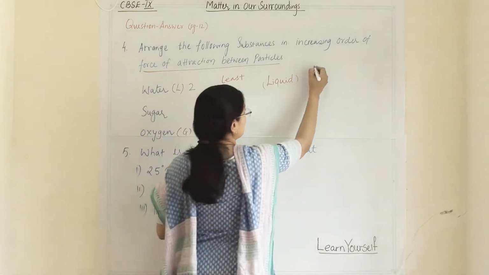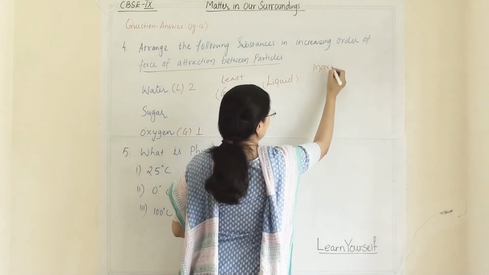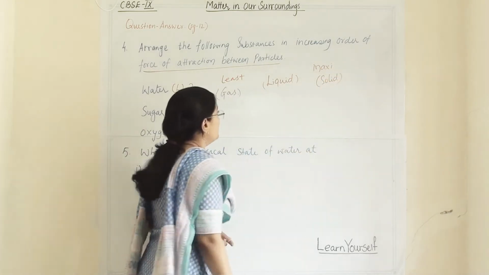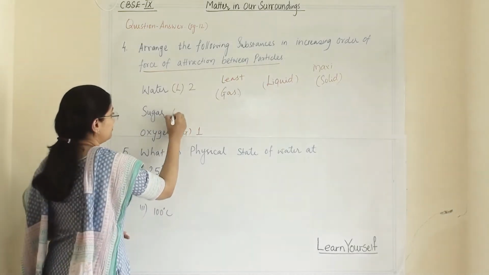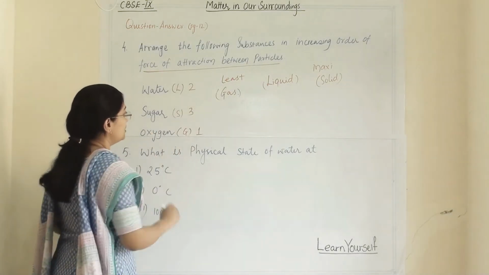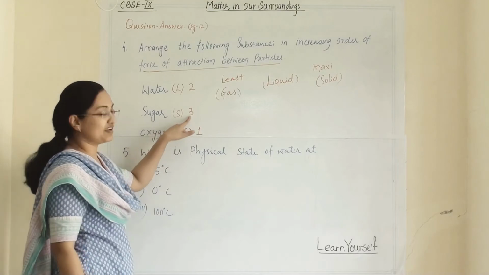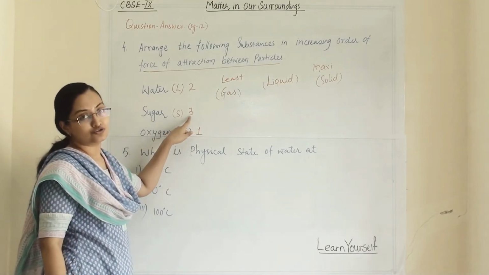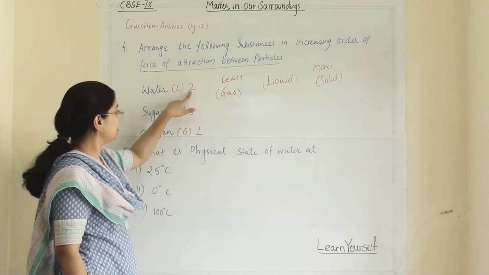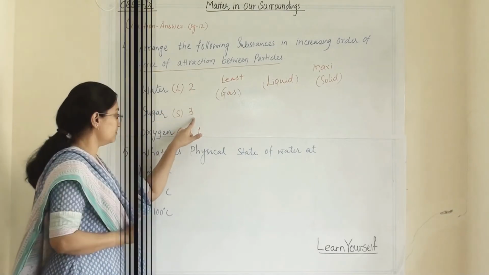And the maximum force of attraction will be observed by solid state. So here we have sugar as a solid. So this will come third. So the maximum force of attraction is for solid state. So first one is gaseous state, then liquid, and then solid.